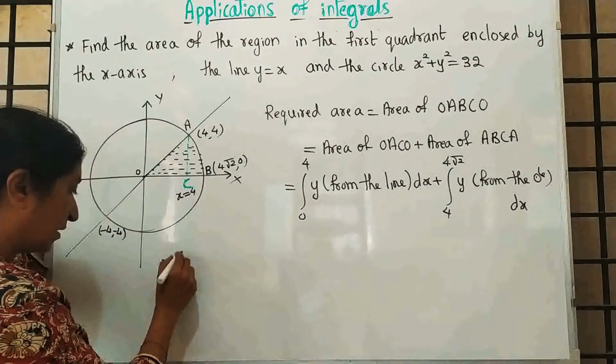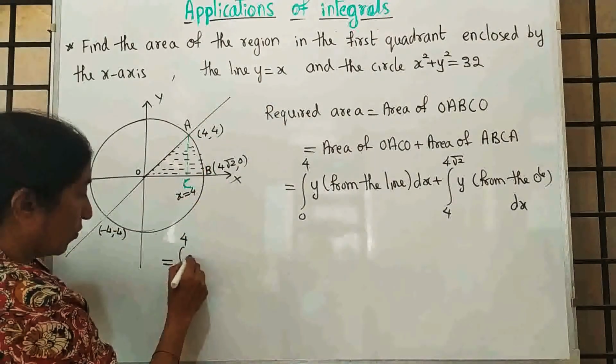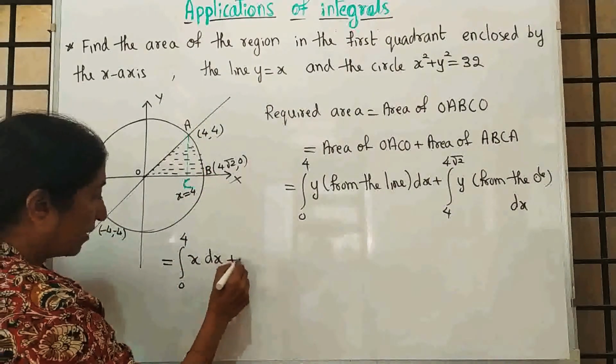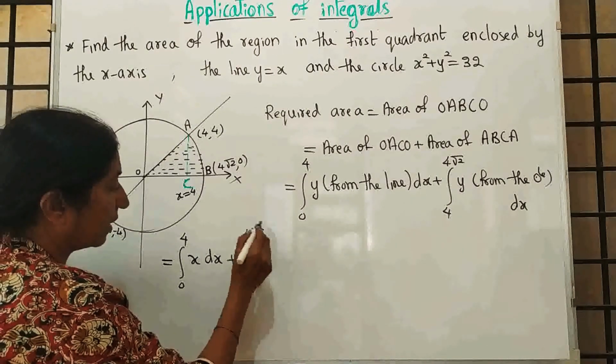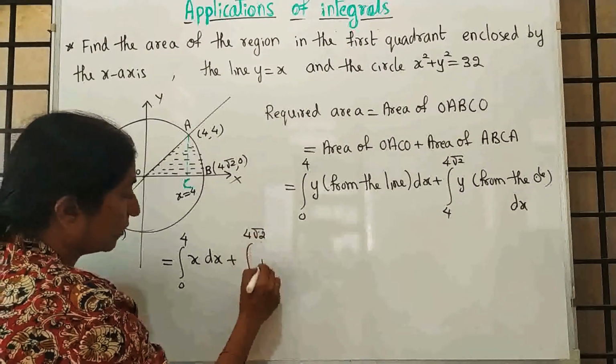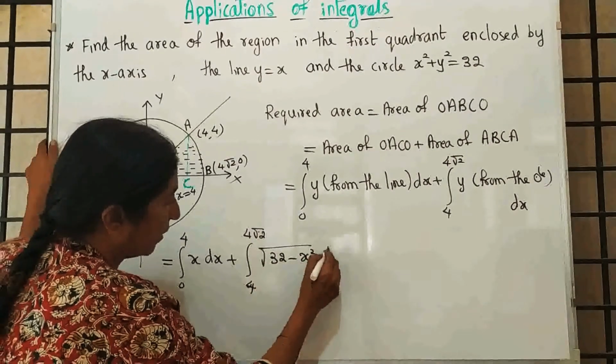See here, from 0 to 4, y from the line. Line is what? y is equal to x. And y from the circle is root of 32 minus x square, into dx.